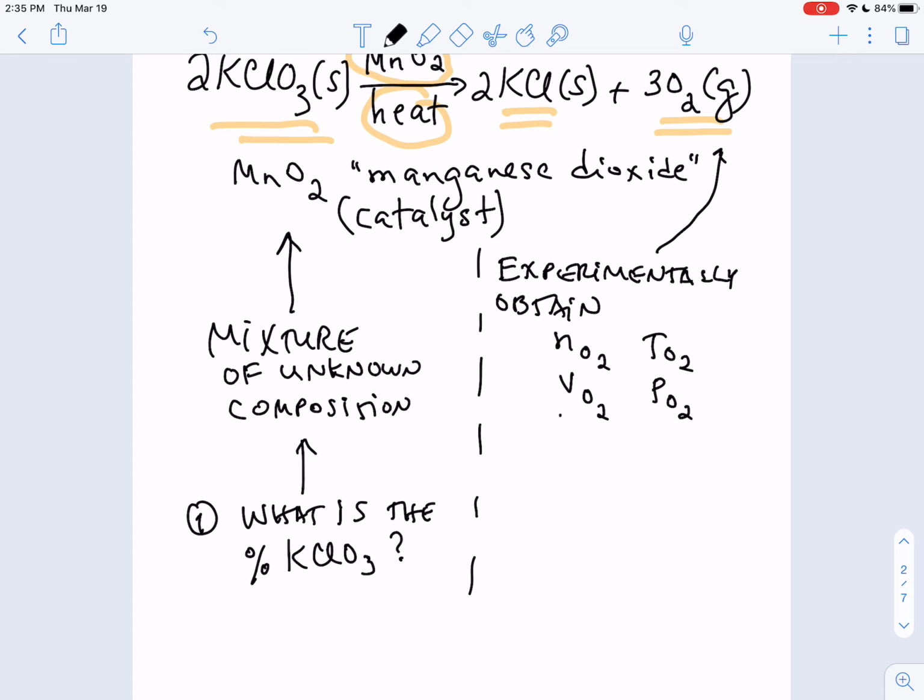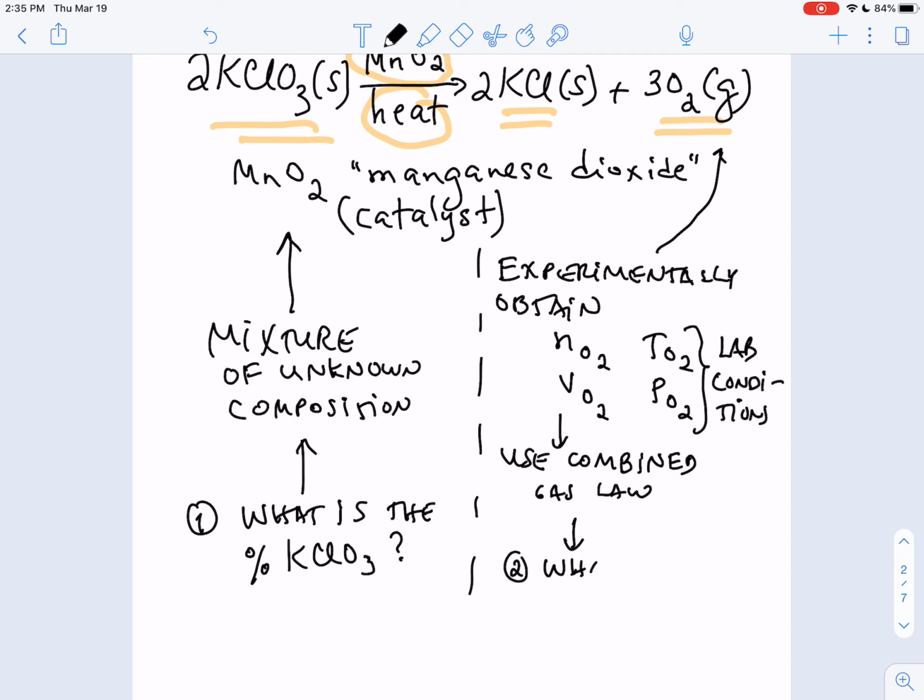And then what we're going to do is use the combined gas law to ask the question: if we have these values under our lab conditions, what would be the volume of 1 mole of oxygen at STP?